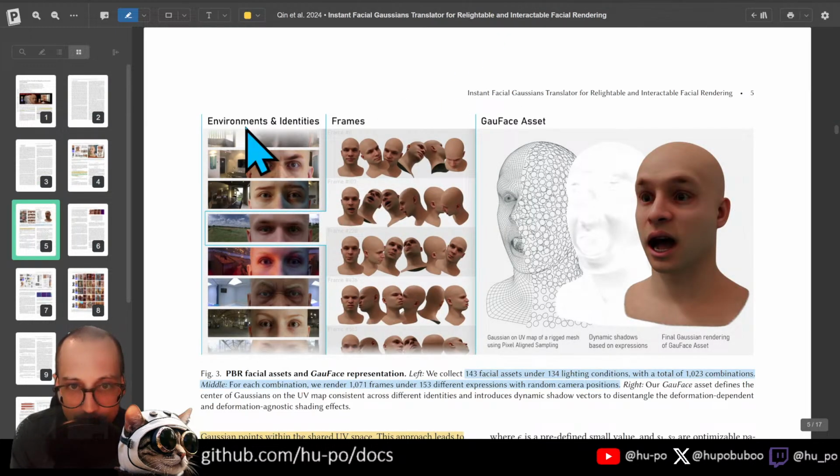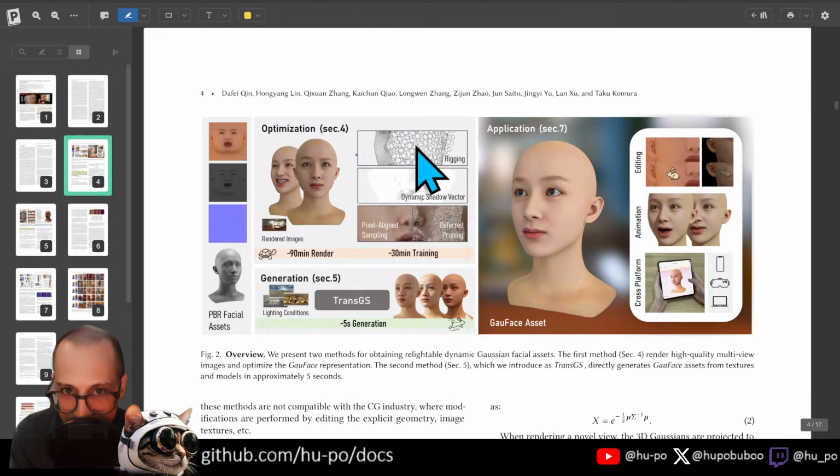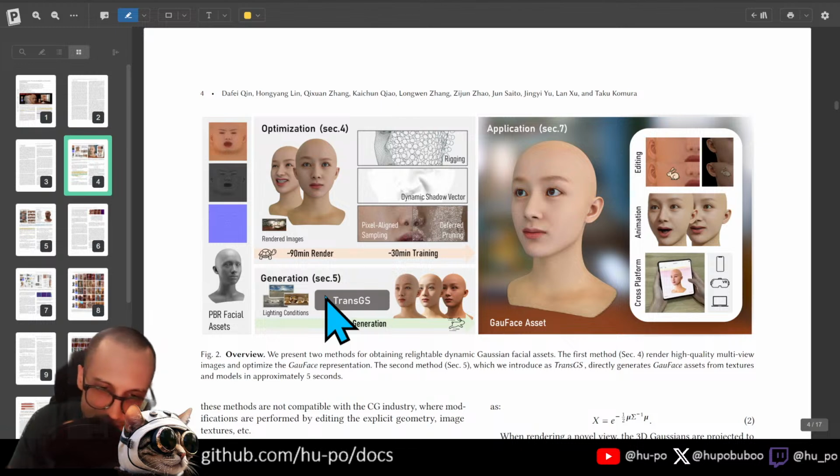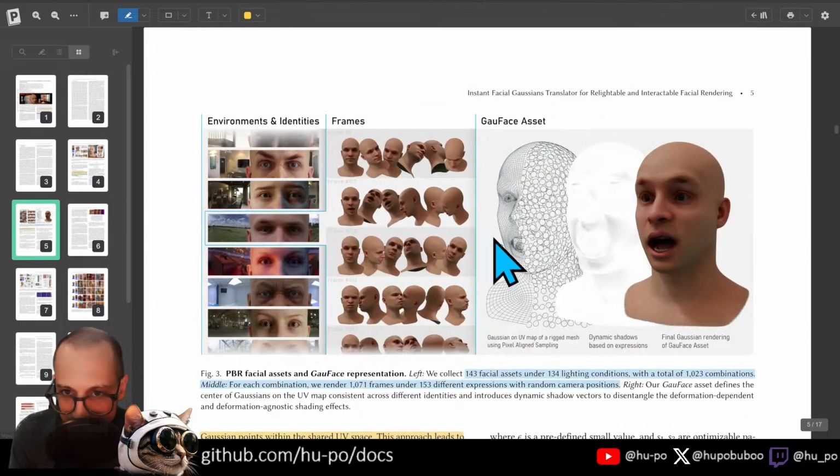For example, in this paper here, what's something that you notice? No hair on any of these. So there's a long tail of weird things like see-through glass and smoke and hair where Gaussian splats are still not particularly great either.